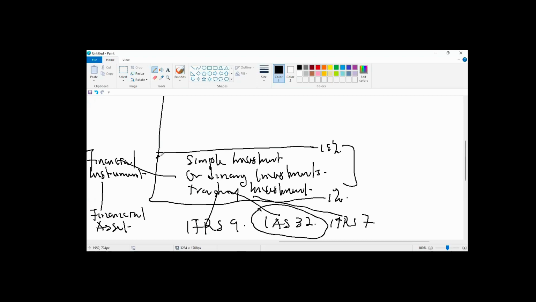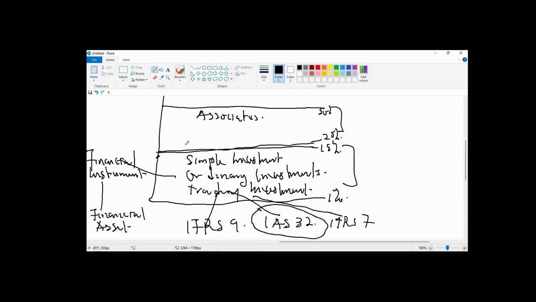Then if I have investments from 20% up to 50%, that means I bought shares in any company that range from 20 to 50%. This kind of investment is known as associates.